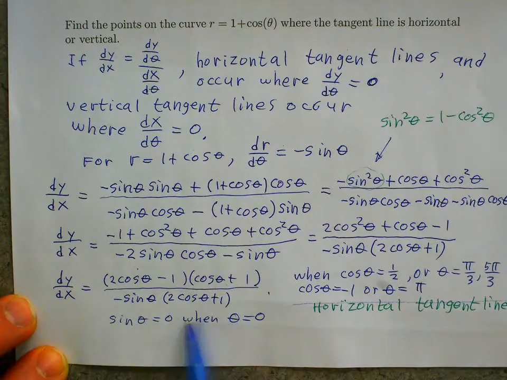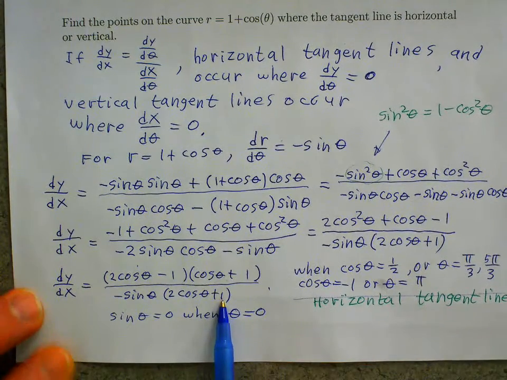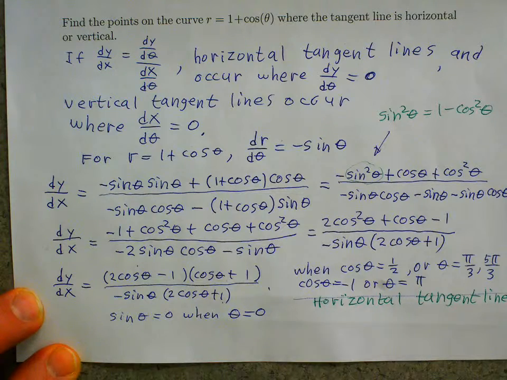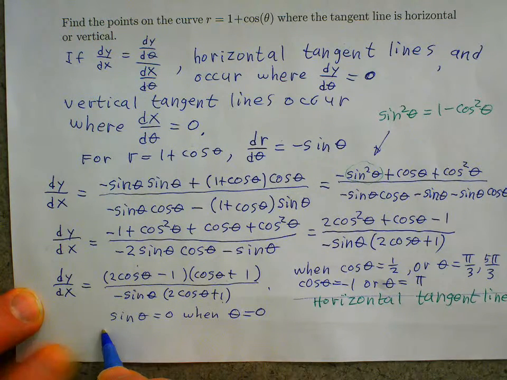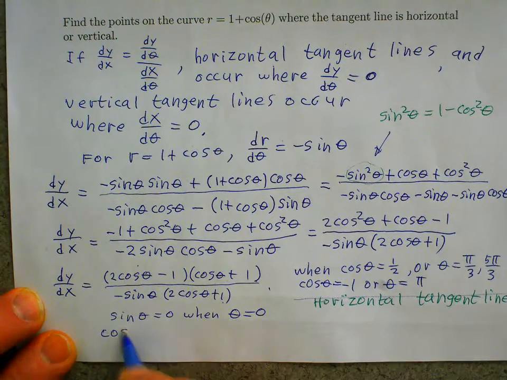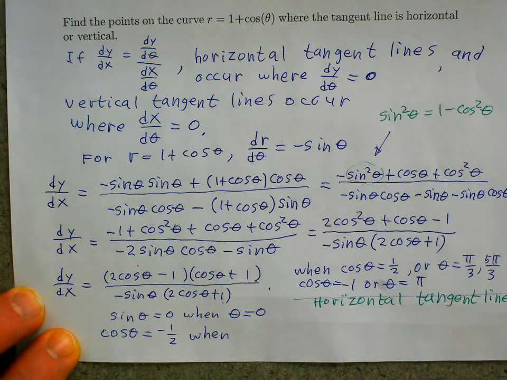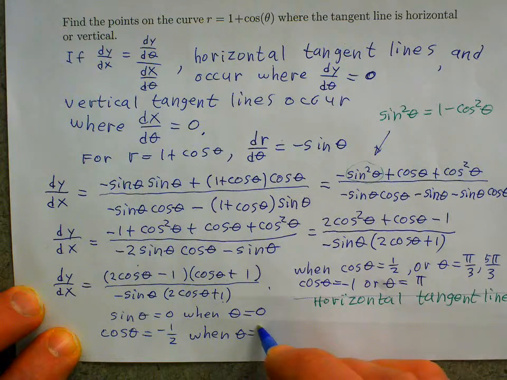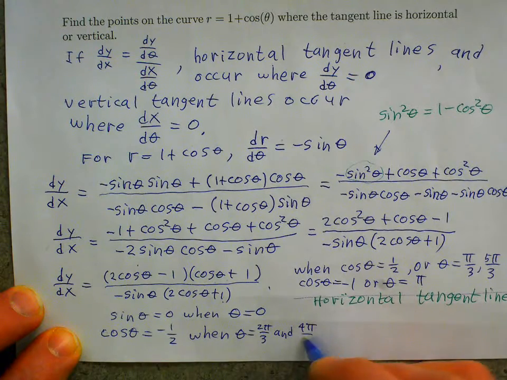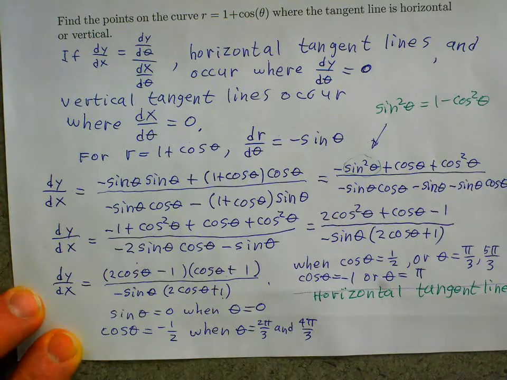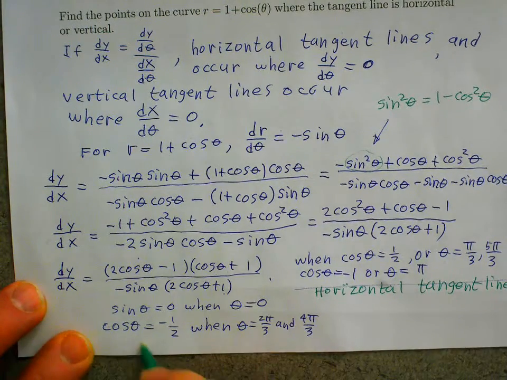The other factor, 2 times cosine of theta plus 1, that's equal to 0 when cosine of theta is -1/2. And cosine of theta is equal to -1/2 in the third and fourth quadrants. So when theta is 2 pi over 3 and 4 pi over 3. Okay, so we should have vertical tangent lines at those values.